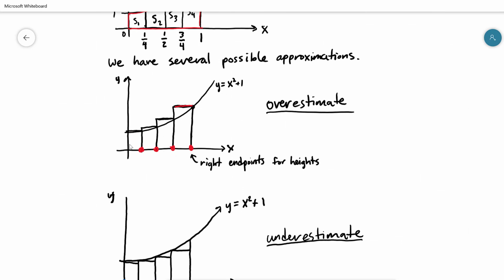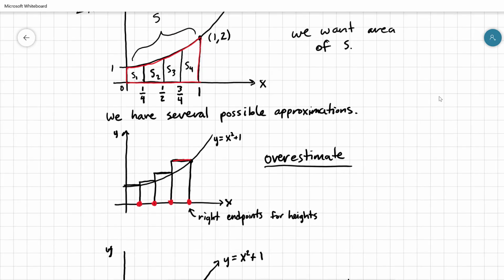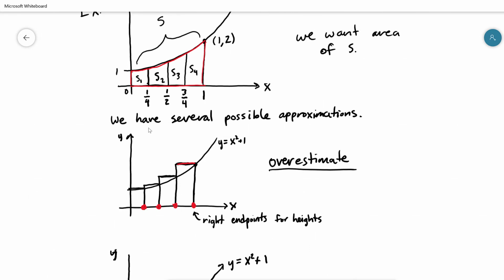The area of this first rectangle, I need to take the height of the function at its right endpoint. And if we look up at the picture that we had above, this right endpoint is x equals 1/4. This next right endpoint for the second rectangle would be 1/2. The third one will be at 3/4. The fourth one will be at 1. So basically I'm going to use these 4 points as my x coordinates to compute the heights that I'm going to use for my rectangles, because those are all the right endpoints.